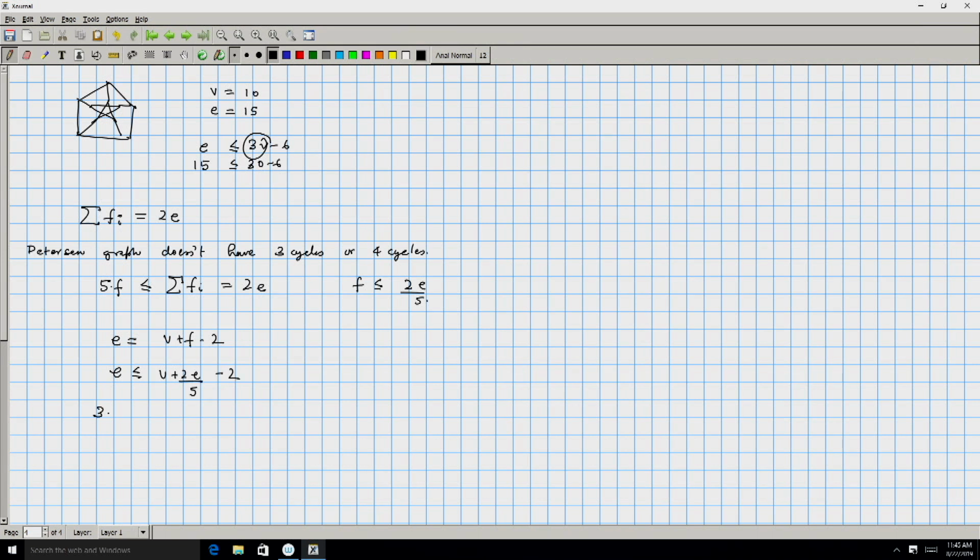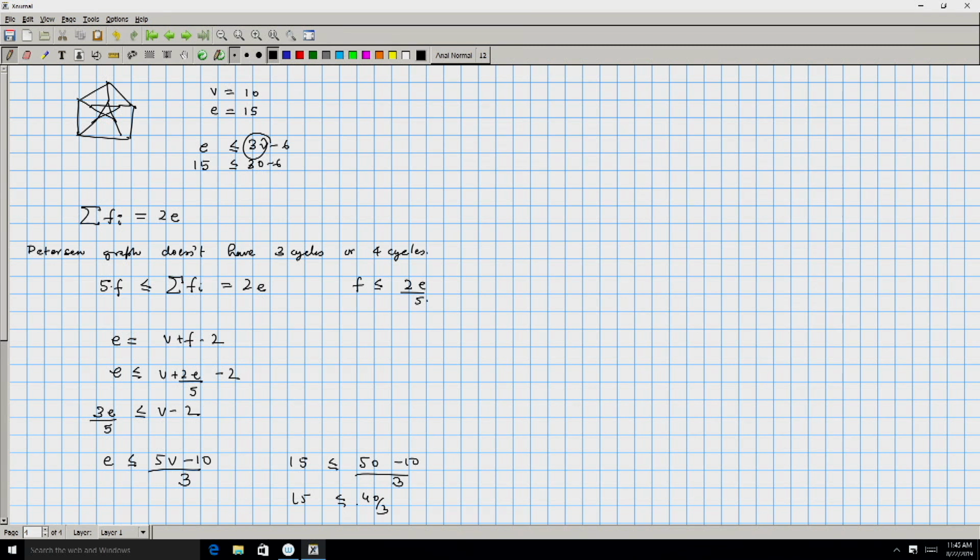So, 3 times e by 5 should be less than or equal to v minus 2, or in other words e should be less than or equal to 5(v minus 2) by 3, that is 5v minus 10 by 3. Now, if you substitute the values, in case of the Petersen graph, e is equal to 15, and that should be less than or equal to 5 times 10 minus 10 by 3. You will get 15 is less than or equal to 40 by 3. That is clearly a contradiction.